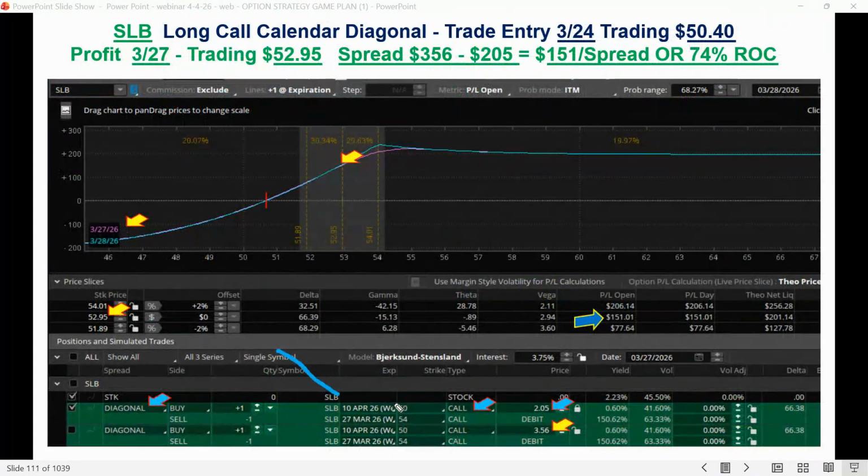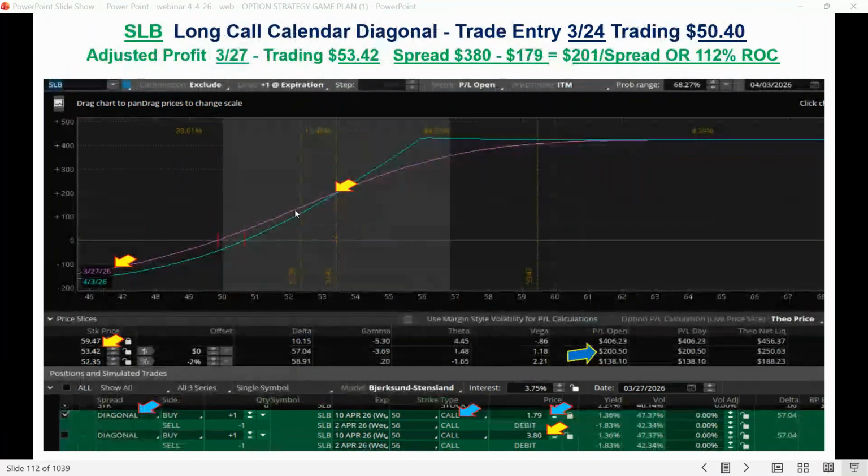So here's what that looked like as the pure calendar diagonal that we set up. Originally on that 10 April 50 call, short the 27 March 54, $4 wide, $205 per spread. On the 27th, that had blown to 356. So we were up $151 per one spread, right? 74% return on that Slumberjay trade there.